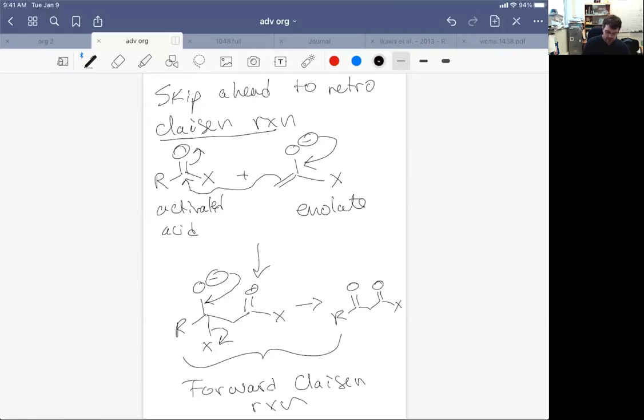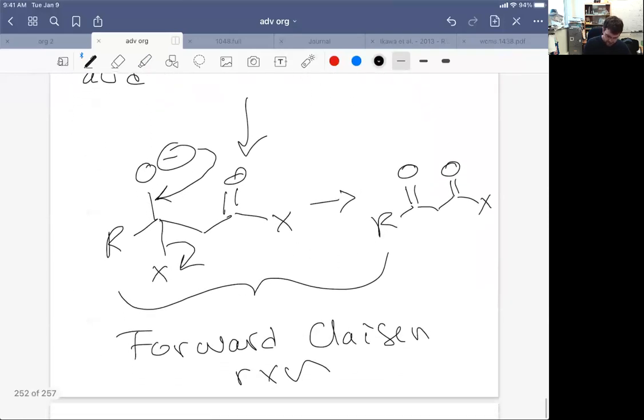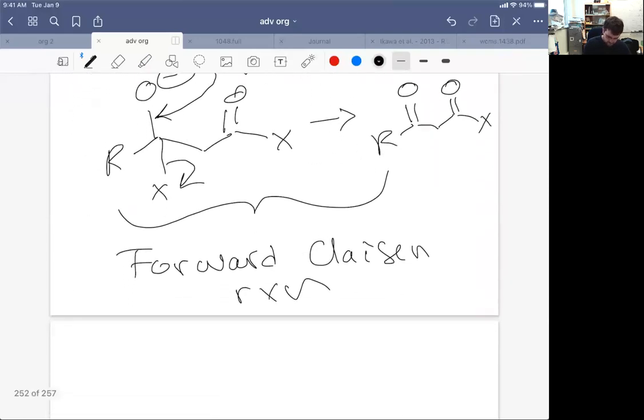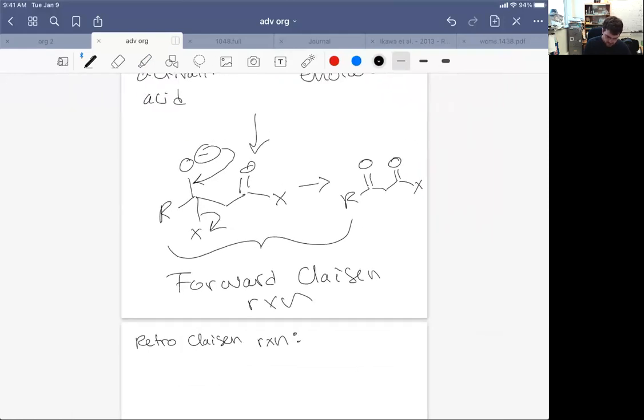What we want to do is the retro-Claisen reaction. I feel like I don't need to zoom in that much. But if I zoom in, then my structures are a little bit more in control. Okay, so we want to do the retro-Claisen reaction.